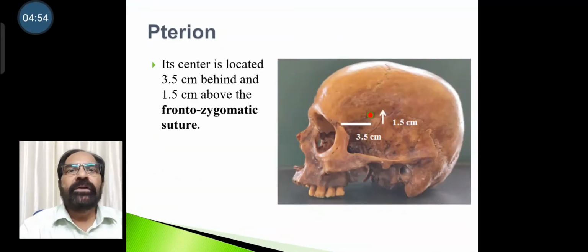Then we go to pterion. Its center is located, as you can see in the picture, 3.5 centimeters behind and 1.5 centimeters above the frontozygomatic suture.